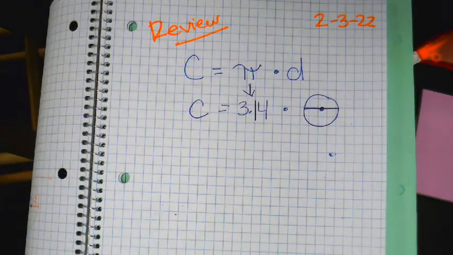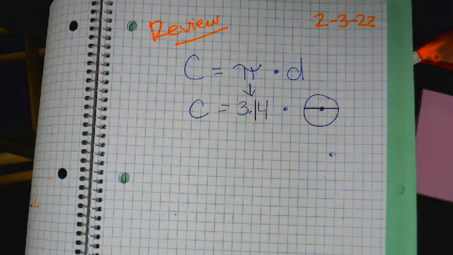Okay, so circumference is equal to pi times d. Good job for those of you raising your hand. You're trying, which is good. Pi times d, pi is 3.14, and d is all the way across, right?